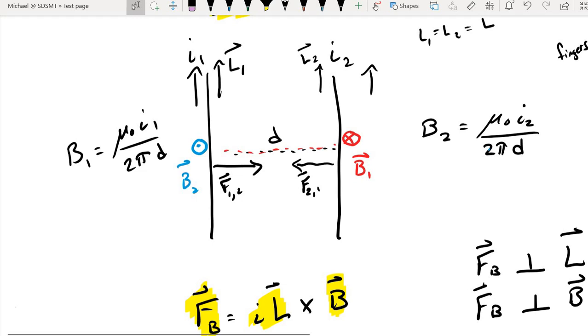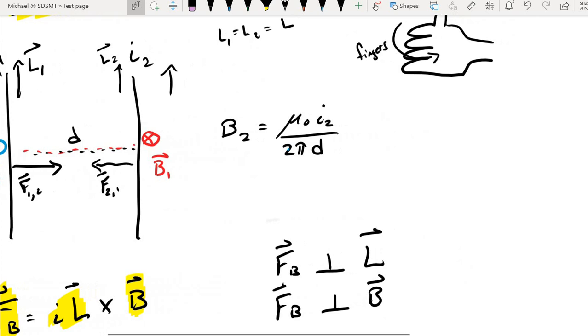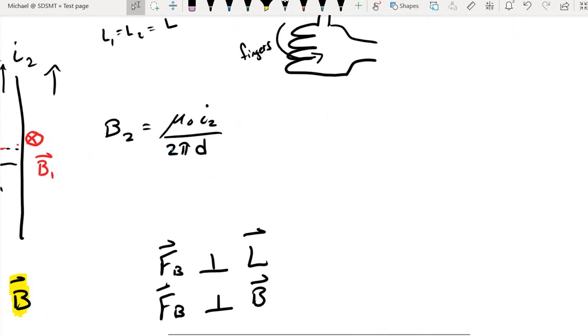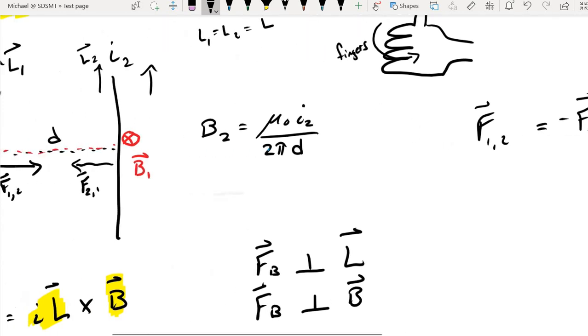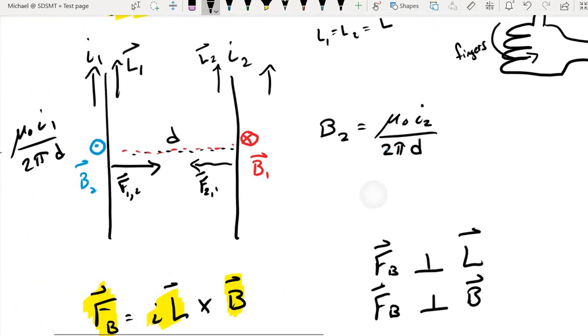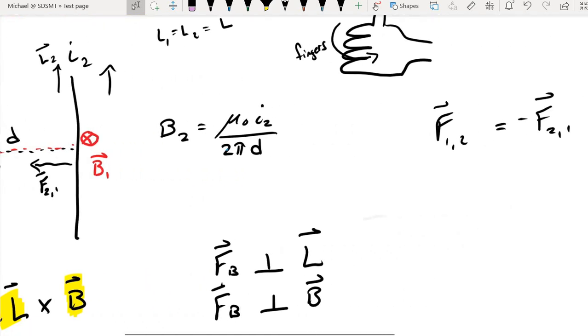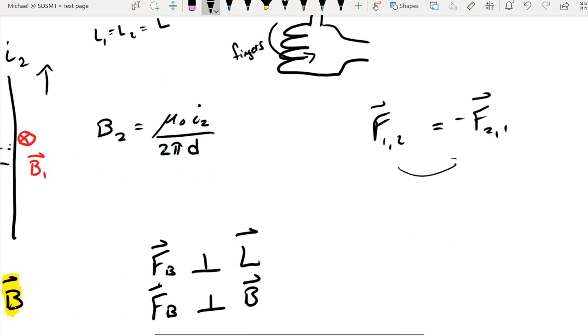So if I have wire 1 being influenced by wire 2 with a force, and wire 2 is being influenced by wire 1 with a force, then these two forces should be equal and opposite to one another. And so far all we can see from our diagram is that they are pointing in opposite directions of each other. Is there some way that we can confirm whether or not these two forces actually have the same magnitudes?